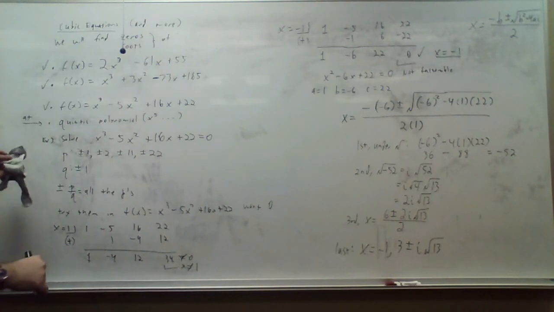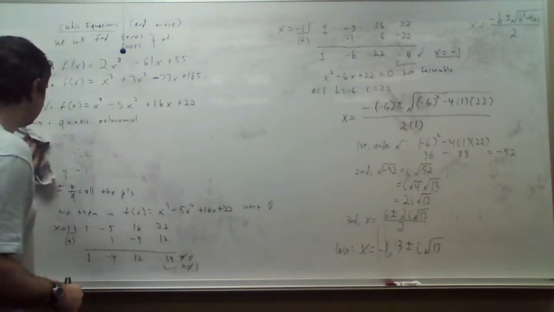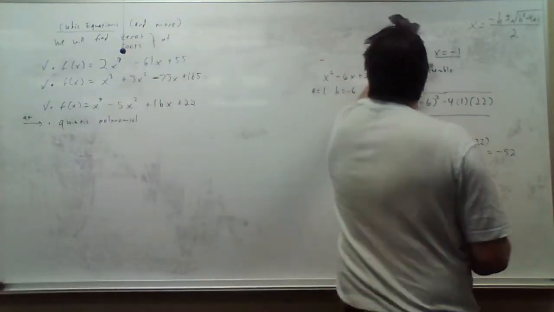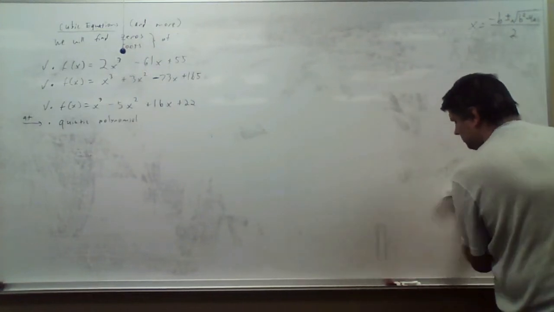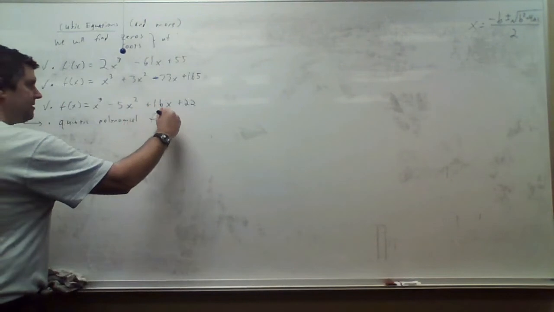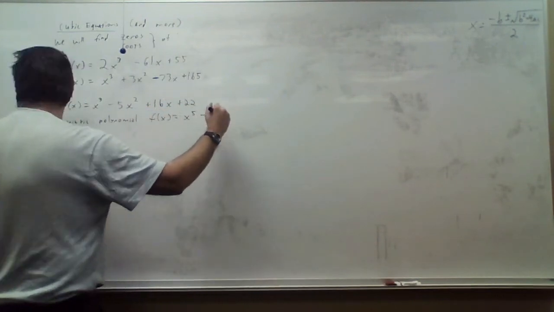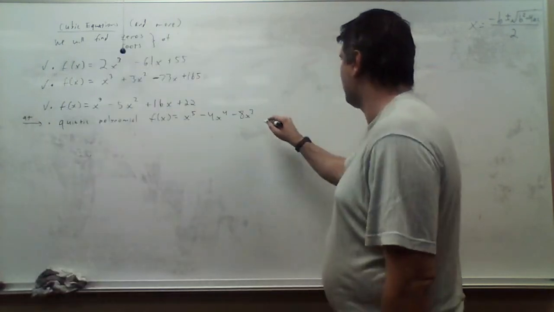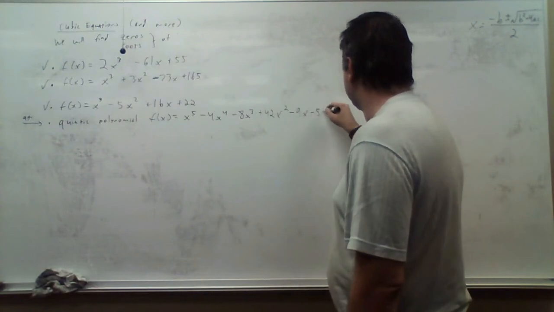I'm going to do the quintic polynomial. I have a copy of it off screen. f of x equals x to the fifth minus 4x to the fourth minus 8x cubed plus 42x squared minus 9x minus 54.